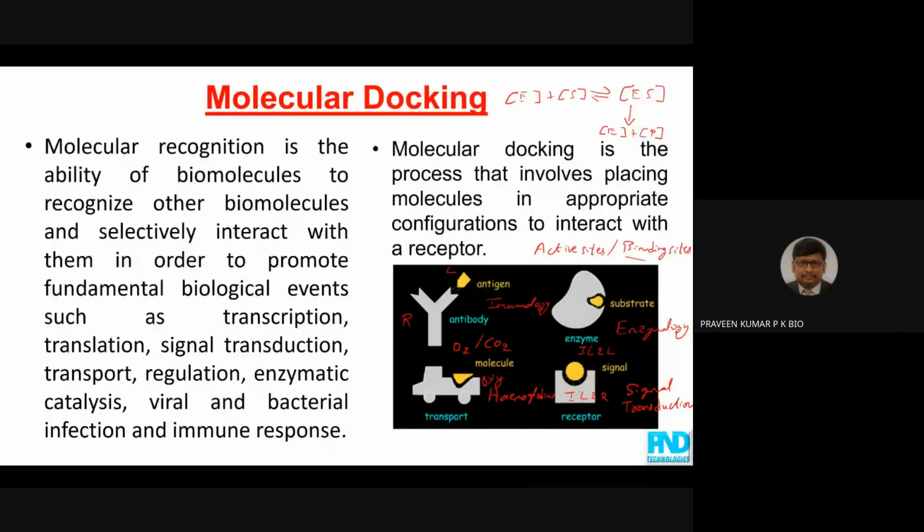So most of the immune molecules have a ligand and receptor. The ligand is also a protein, the receptor is also a protein, but the ligand is a small protein and the receptor is a macromolecule. So whatever areas of biology we study, we call this molecular recognition, isn't it? In the types of biology, that's what we call here molecular docking.